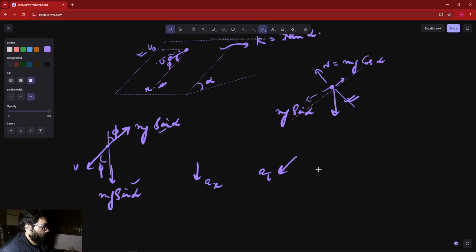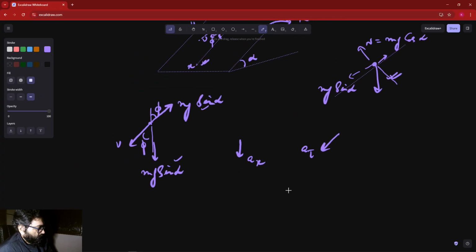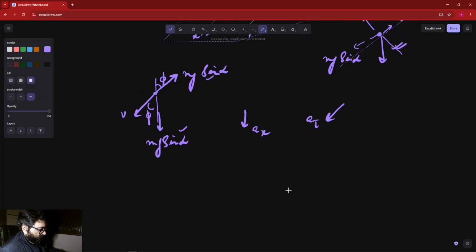Alright, so AX is something which is a result of the forces which were acting in the x direction, right? So AX times m, this is the net force acting in the x direction.